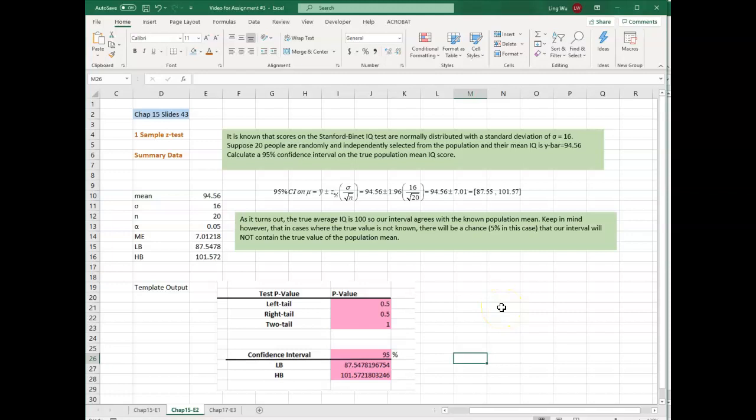Remember we talked about the proportion test and the sample mean test in this chapter. Make sure you know when to use the proportion test and when to use the mean value one sample z-test. The mean IQ test score could be any value, so it represents the mean value.